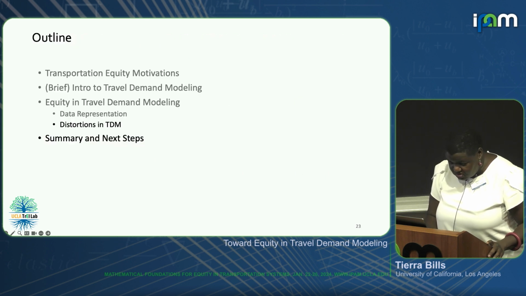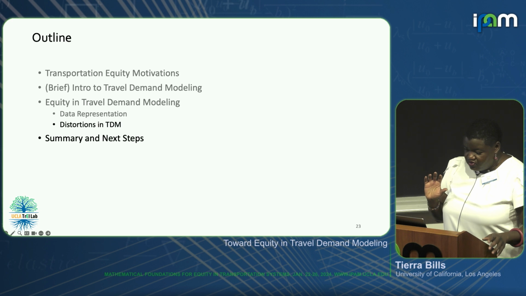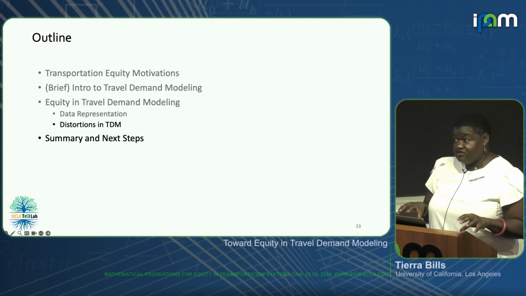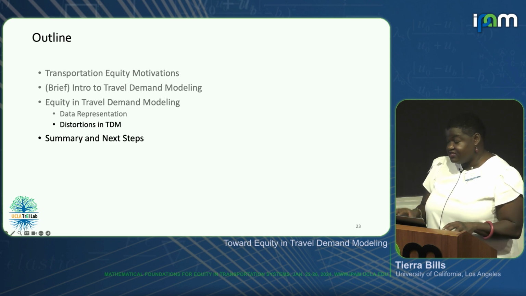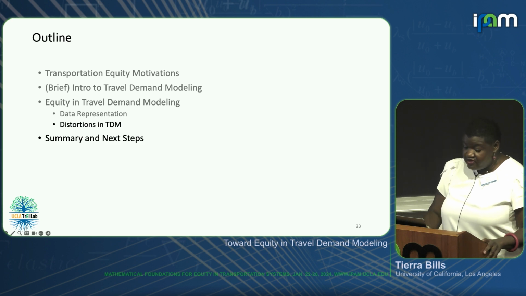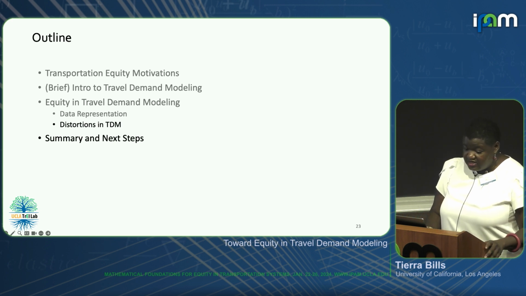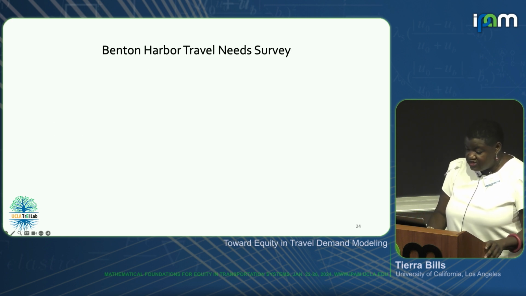So many of the surveys that we're using in practice today that are supporting development of travel demand models don't represent disadvantaged communities well. And the question now is, what are the implications for these tools that we're using to evaluate transportation infrastructure projects?